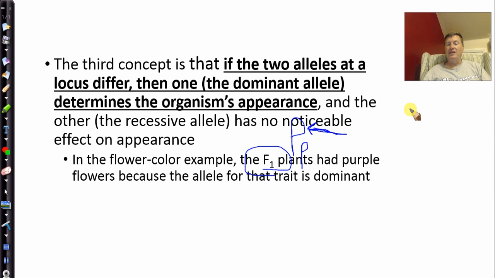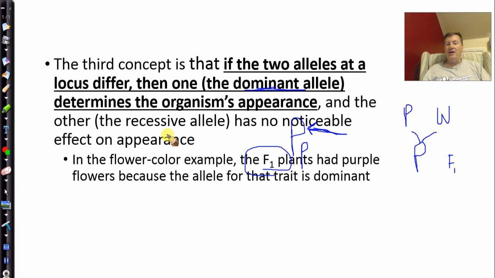So remember we had a purple flower and a white flower, and when we crossed these, the F1 generation had all purple flowers. Mendel said that must be because all these F1s, all of these ones in this generation, must have one dominant version and one recessive version, one hidden version of the trait.